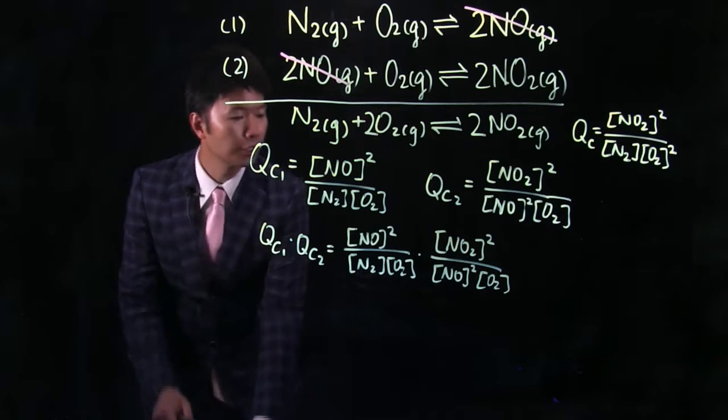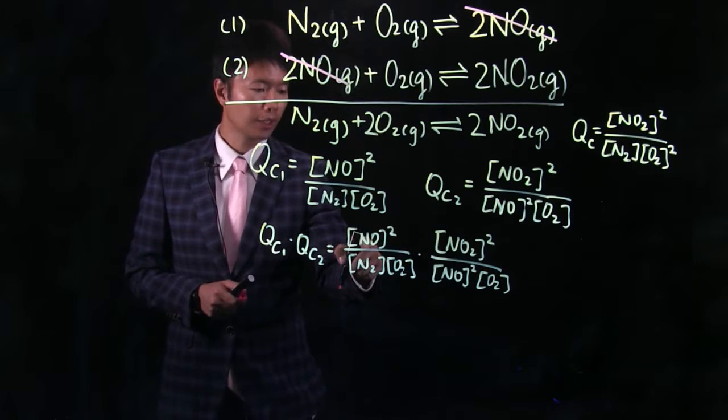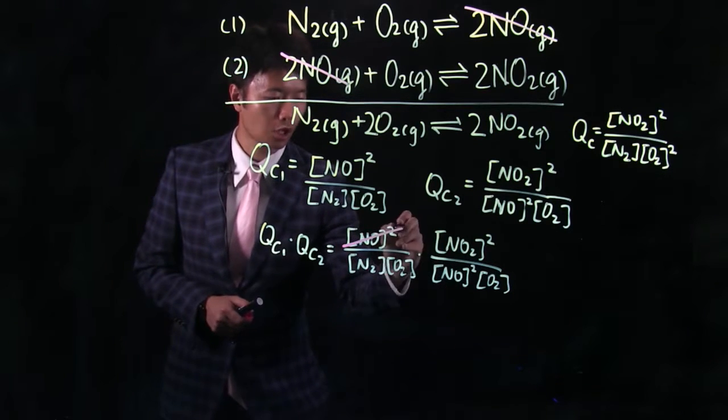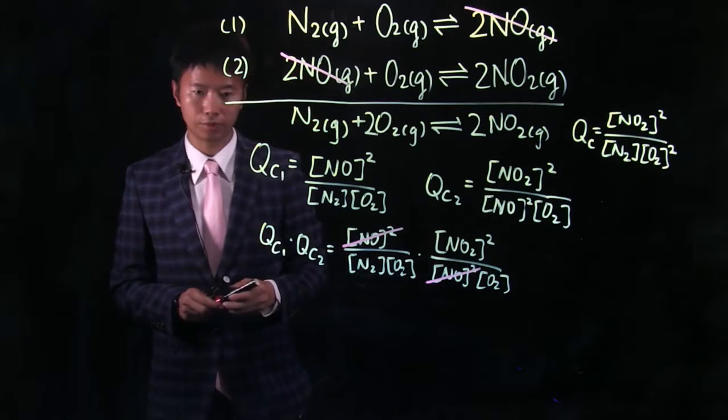Since we're doing the multiplication, you find that NO squared and NO squared appear on the top and also at the bottom, so we can simply cancel them out.